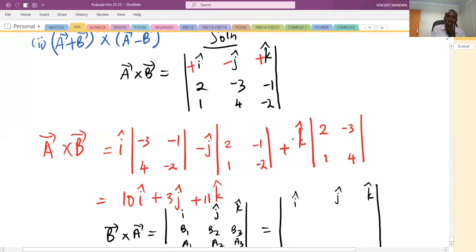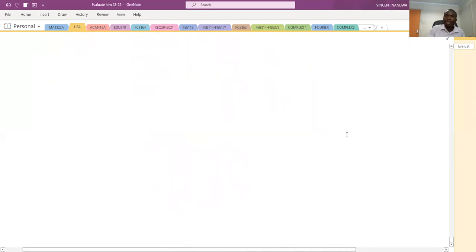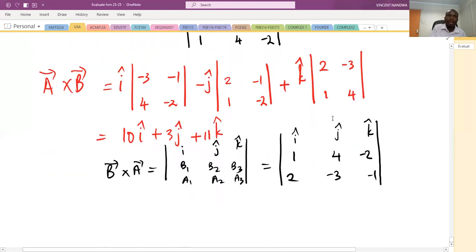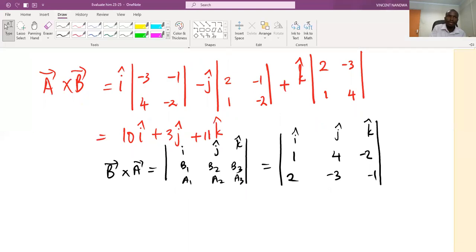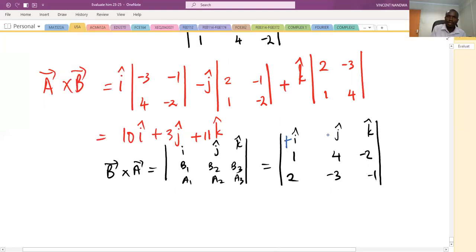So this has 1, 4, minus 2, and 2, minus 3, minus 1. Remember, we are using cofactor expansion along the first row. So this sign here is plus, sign here is minus, sign here is plus. So that's the first thing to note.